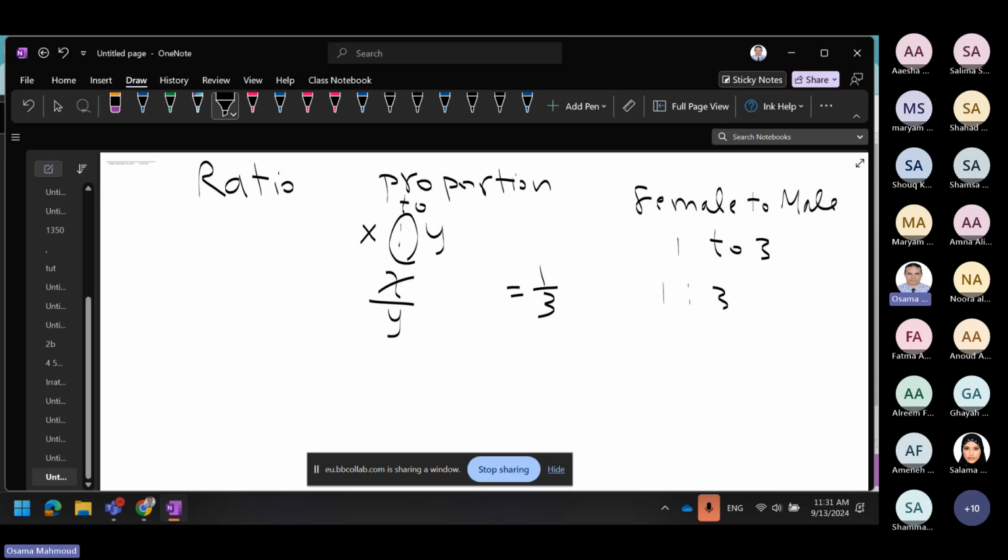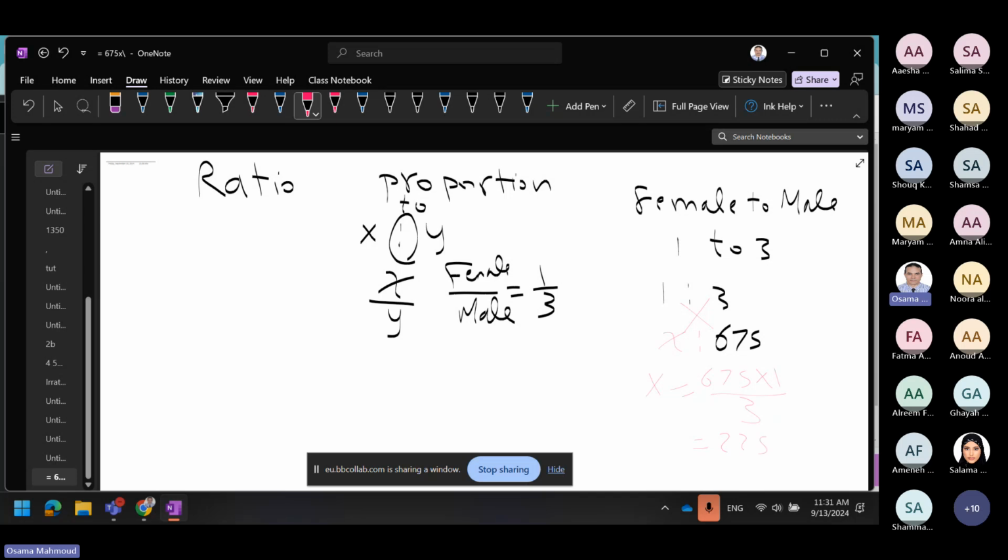But you have to know what the 1 is for. 1 for the female and 3 for the male, right? If you are given the number of males, say I've given you the number of males as 675, and ask you about the number of females, right? So you can multiply this one, and you have x equal to 675 times 1/3. How much is it?